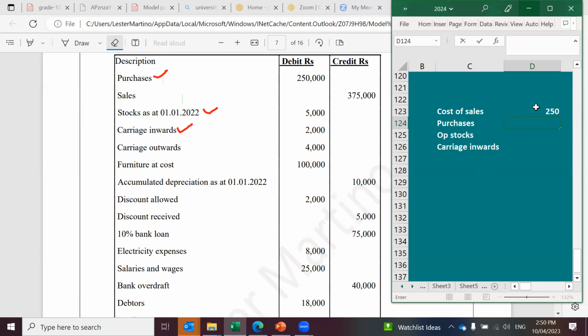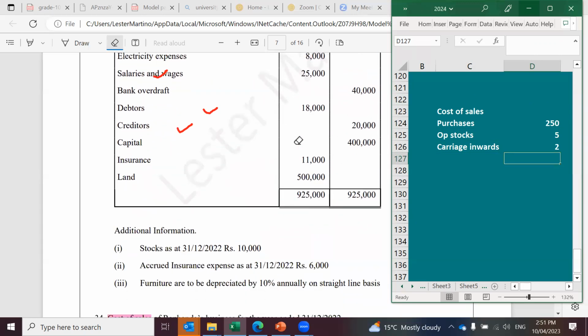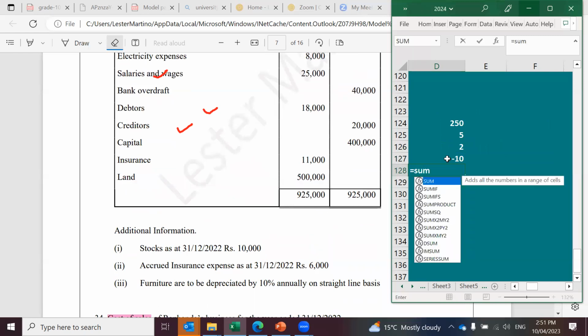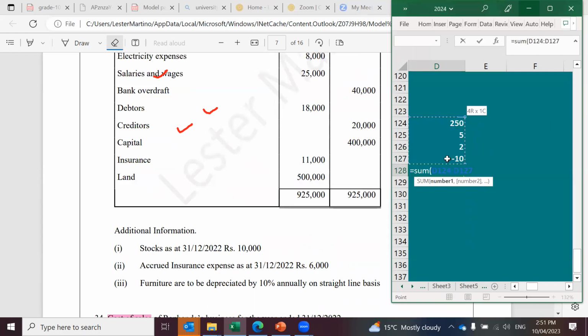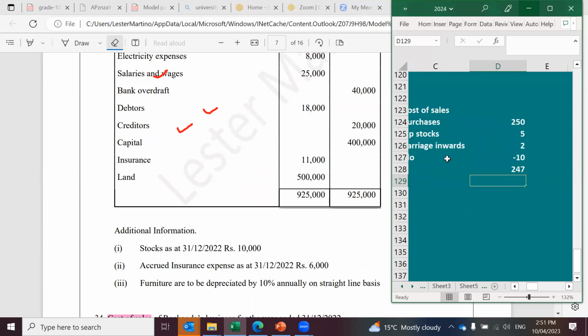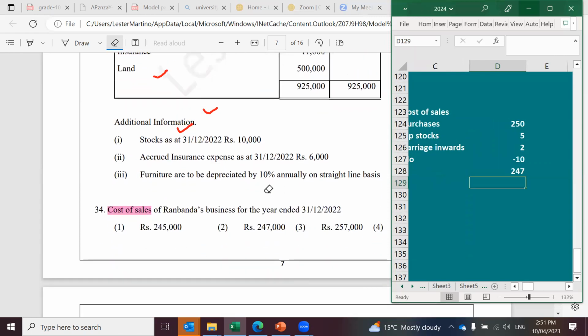Sorry, my mistake. This should be the down one. Purchases 250, opening stocks 5, carriage inwards 2, and minus closing stocks 10. So what is the answer? 247.